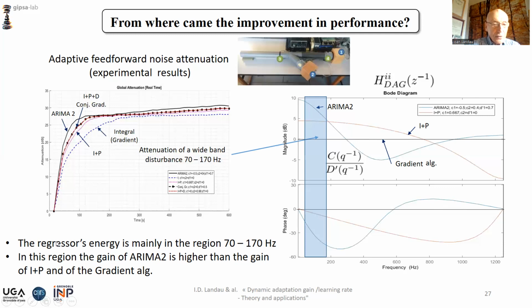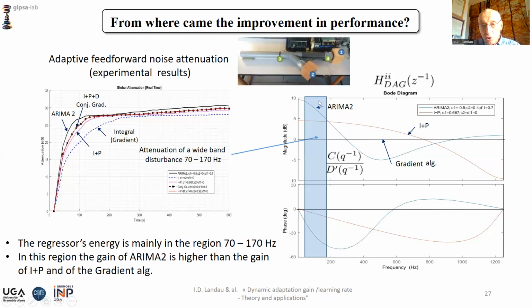Now, it turns out that the residual energy is mainly located in the region around 70 Hertz, for the simple reason that this is a characteristic of the disturbance which affects the system.